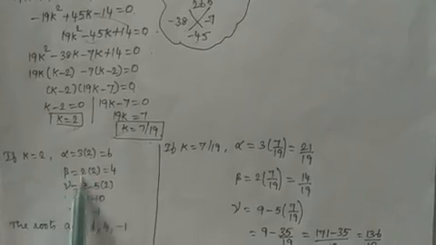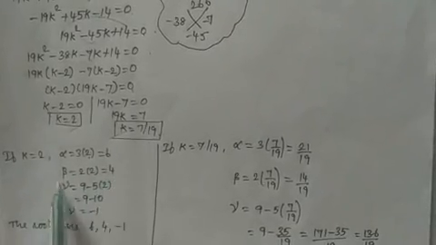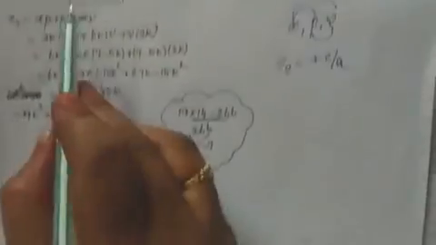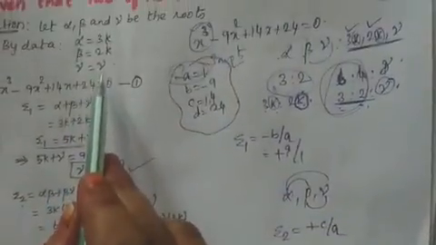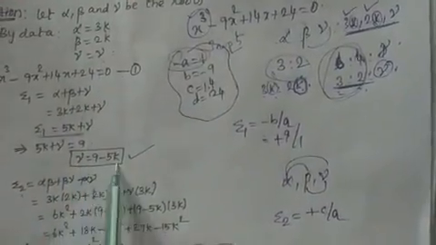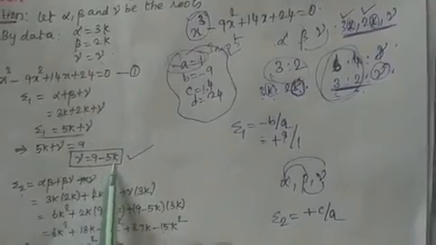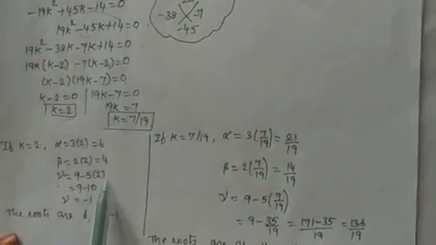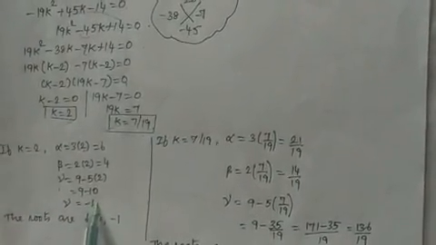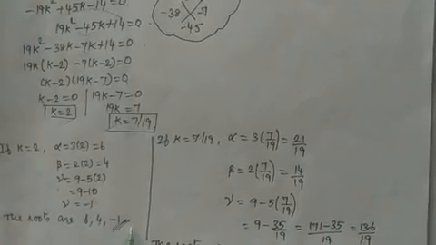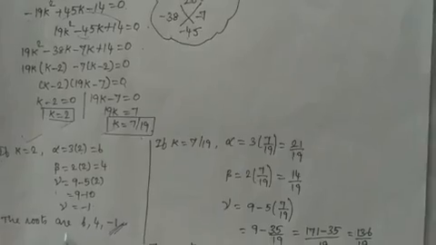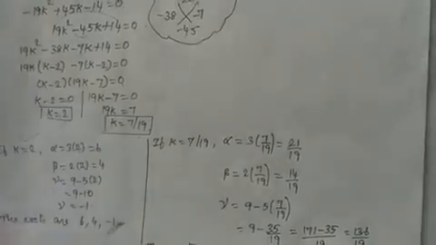Beta is 2k, so 2 into 2 is 4. Gamma, which we wrote in terms of k, was 9 minus 5k. Substituting the value of k, 9 minus 5 into 2 gives minus 1. So the three roots are 6, 4, minus 1. If k is equal to 2, these will be the roots under the given condition.